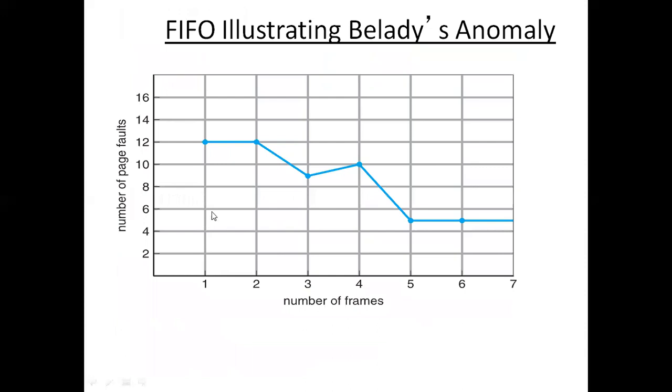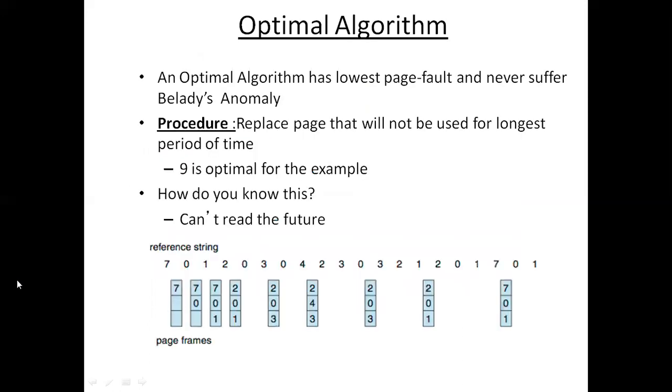There are 9 page faults for 3 frames, 10 page faults for 4, and around 5 page faults for an increased number of frames. So this graph illustrates Belady's anomaly. It wouldn't be a smooth curve; it would keep increasing and decreasing. So FIFO is not a better option.